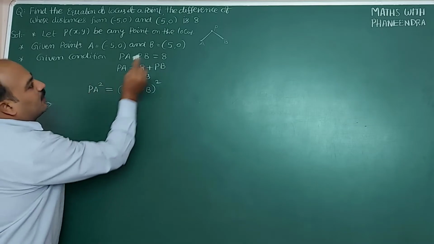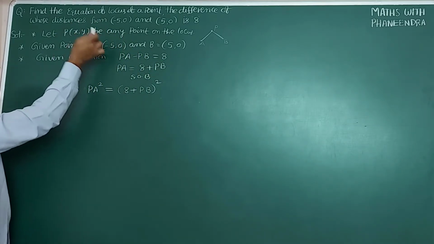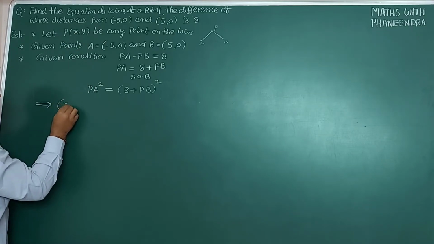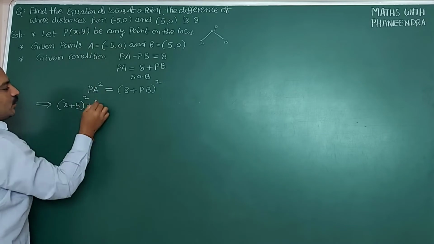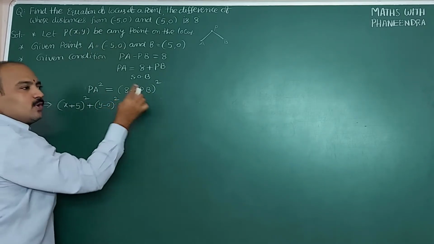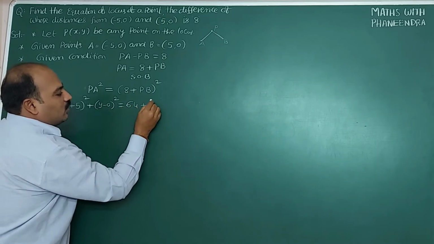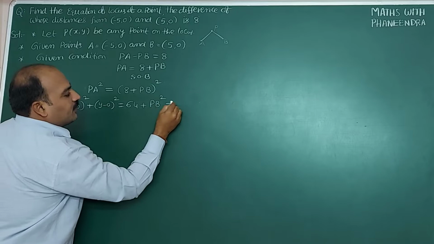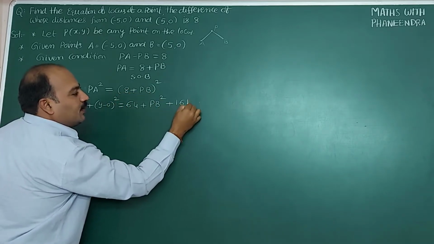So P and A. P point is x comma y. A point is minus 5 comma 0. So x minus of minus 5, x plus 5 whole square plus y minus 0 whole square is equal to a plus b whole square formula: 8 square plus PB whole square plus 2ab, 2 into 8 into PB, 2 into 8, 16 into PB.